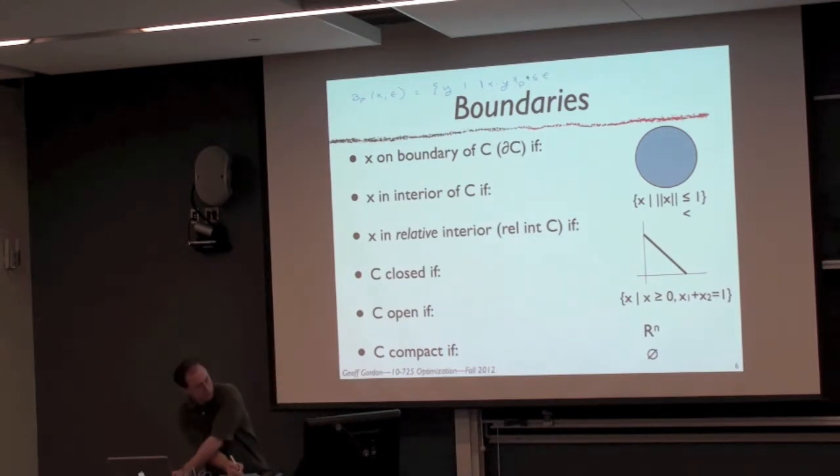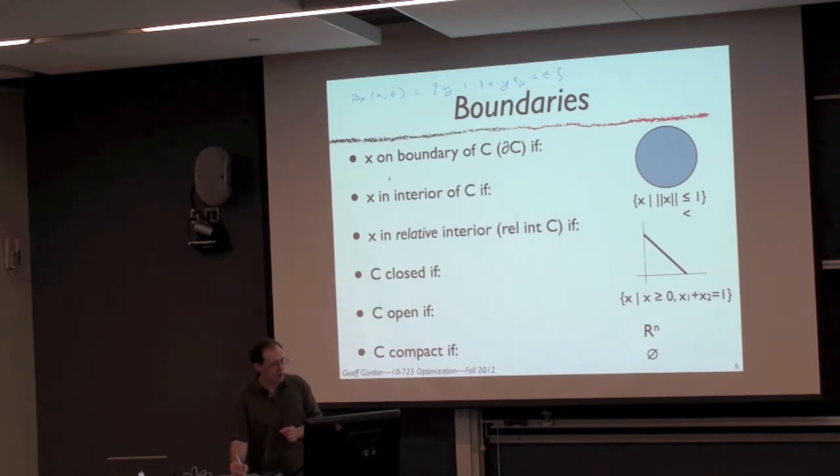Actually, let's take an open ball. If Bp of x comma epsilon intersect C is not empty, and Bp of x epsilon intersect C complement is also not empty.